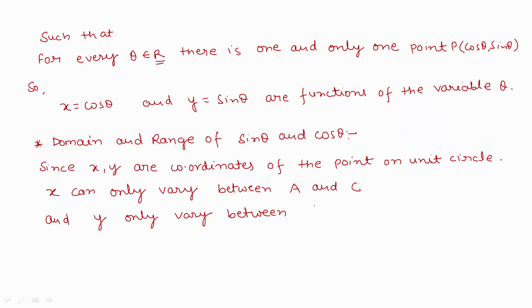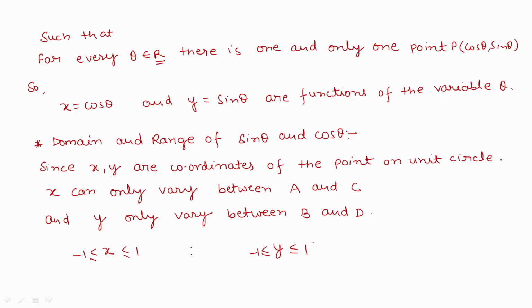This means X is greater than or equal to -1 and less than or equal to 1, and Y is greater than or equal to -1 and less than or equal to 1.